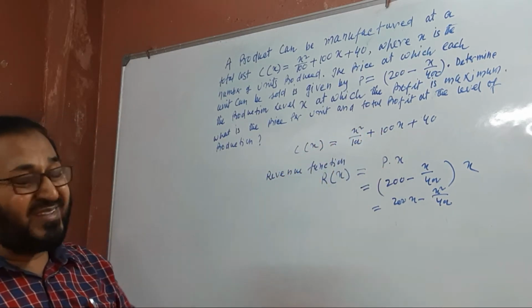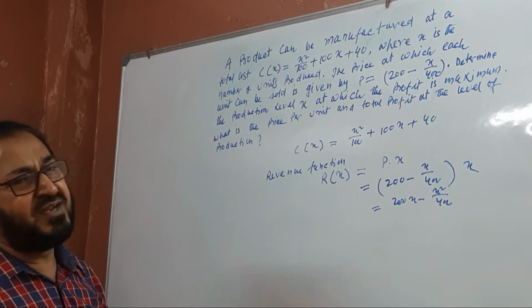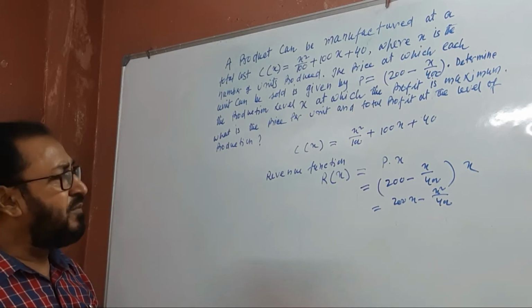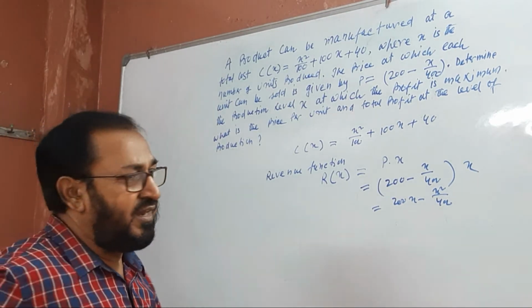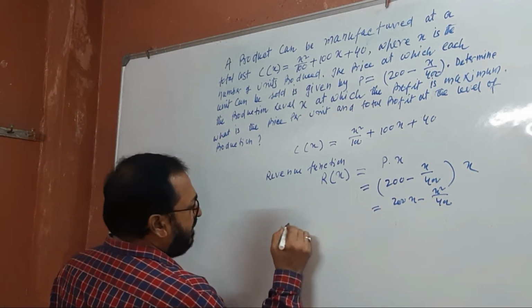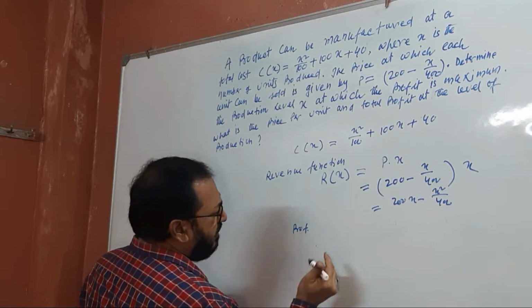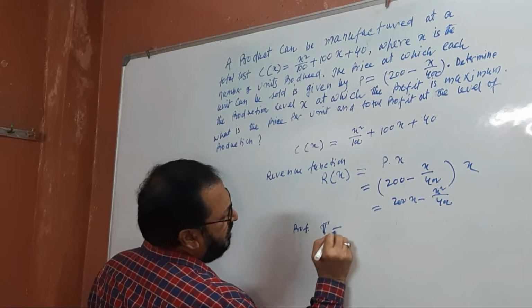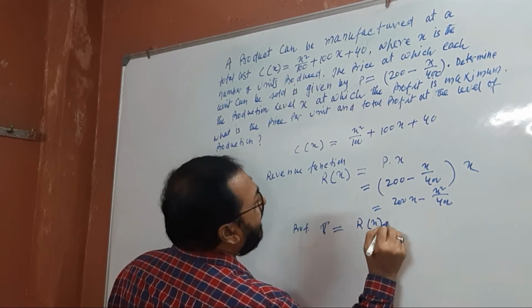So in order to maximize profit, we have to find out the profit first. Profit को पहले निकालना पड़ेगा. तो प्रॉफिट को जब निकालेंगे, इसका तरीका है रेवेन्यू माइनस कॉस्ट. That is profit pi equal to revenue minus cost.